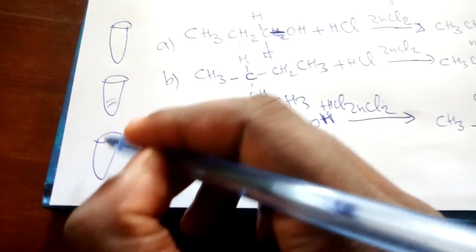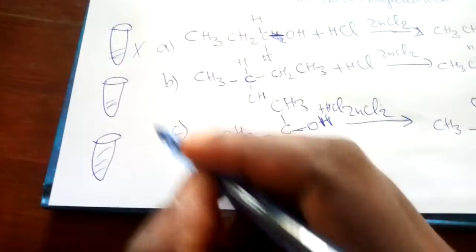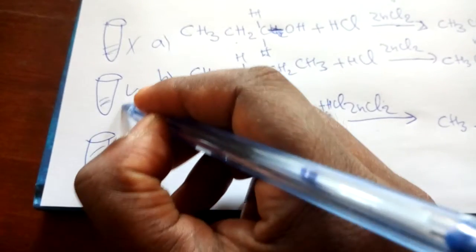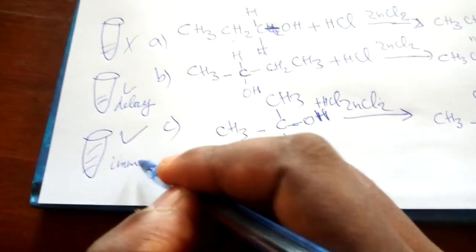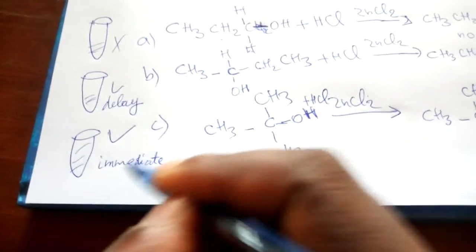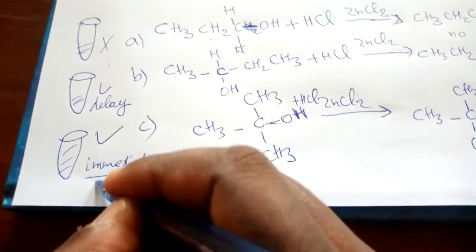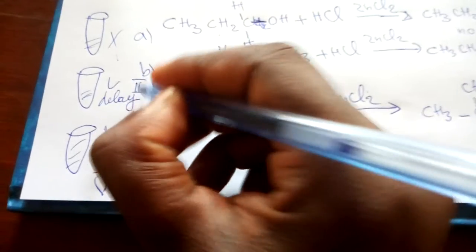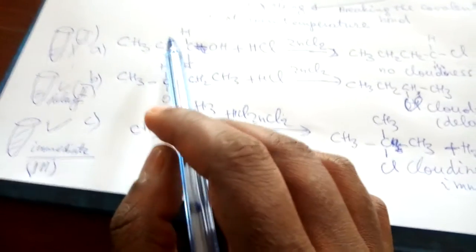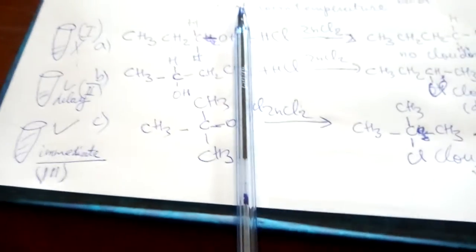When you find that here there is no cloudiness, here there is cloudiness but delayed, and here there is immediate cloudiness, it means that this one is a tertiary alcohol, this is a secondary alcohol, and this is a primary alcohol. And the experiment which is done is what we call the Lucas test, because we are using the Lucas reagent.